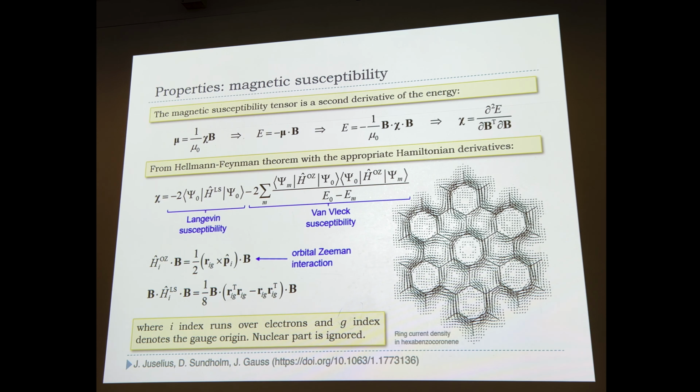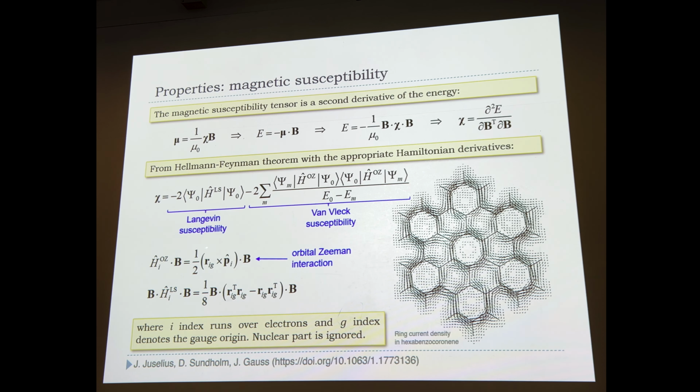Now, if we go and calculate the first derivatives of our Hamiltonian with respect to the magnetic field, we will see terms here like this, and that of course is the orbital Zeeman interaction, which I have discussed a few slides ago.